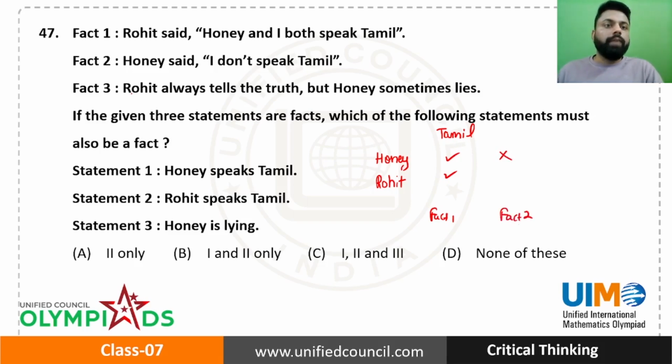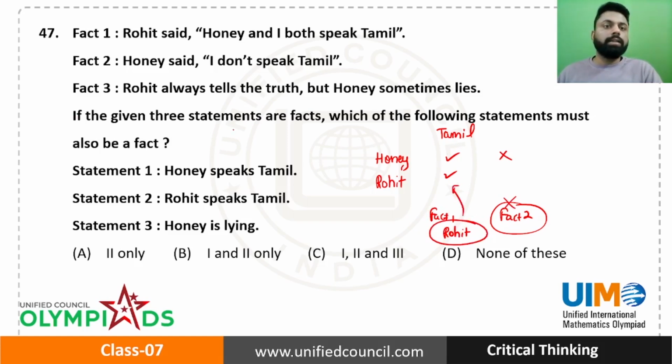Fact 3 is Rohit always tells the truth, but Honey sometimes lies. So Honey sometimes lies, so we are not going to take this fact. But Rohit always says the truth, so that means they both speak Tamil.